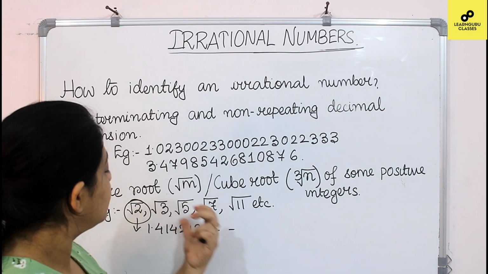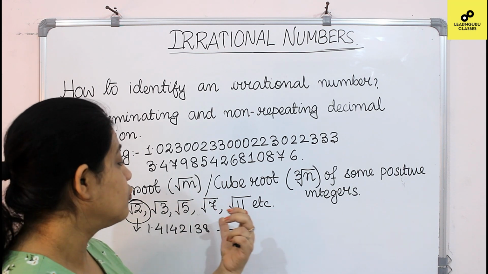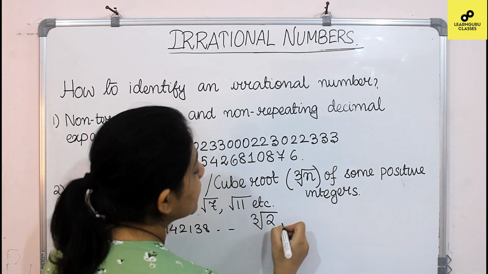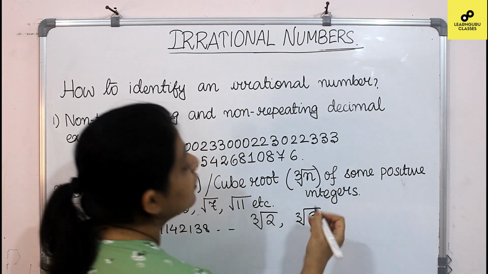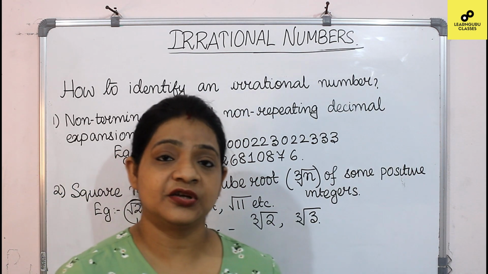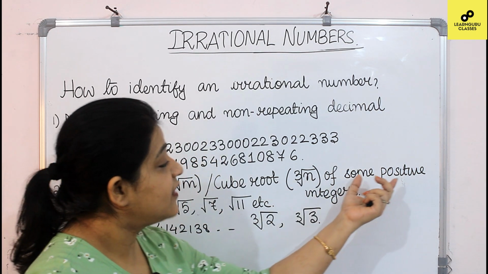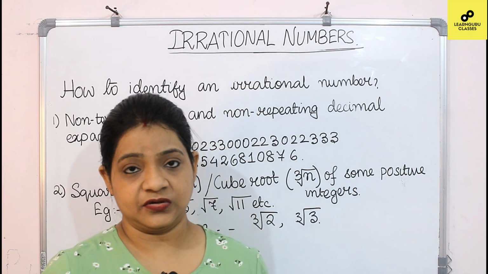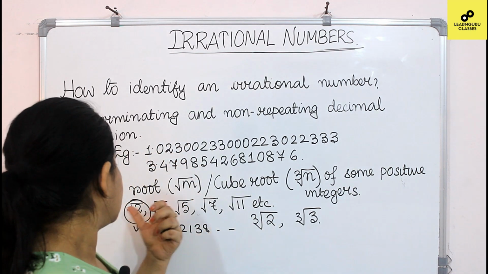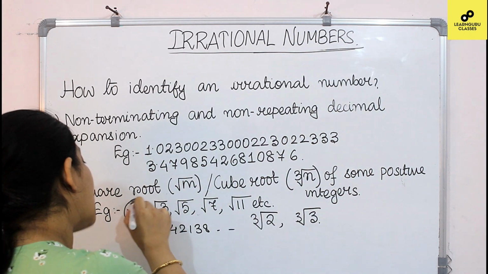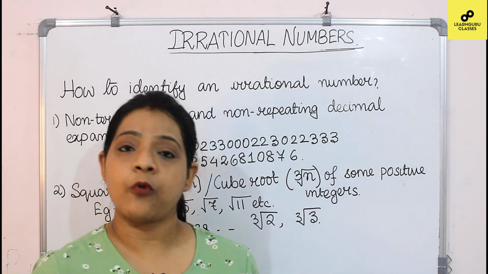Similarly, root over 3, root over 5, root over 7, root over 11, even cube root of 2 and cube root of 3, all these are examples of irrational numbers. Now why am I saying positive integers? Because if we write root 2, the number under the root should be a positive integer.